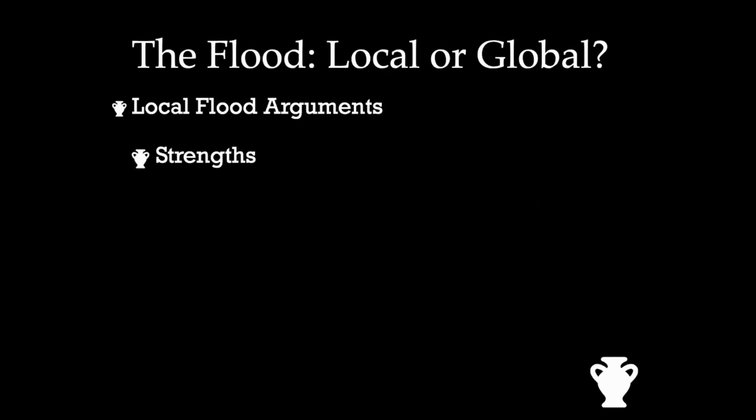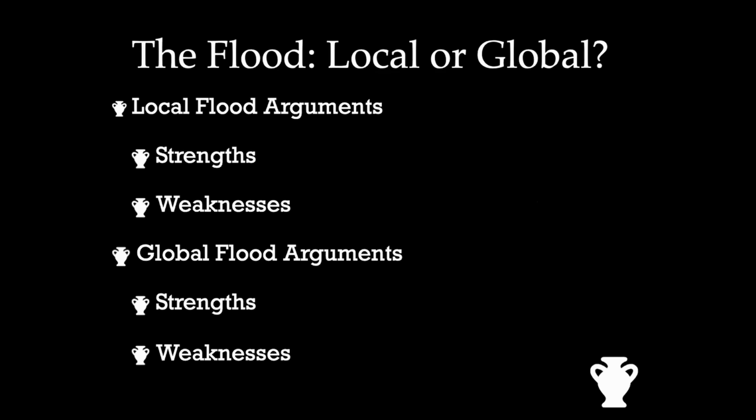So there are local flood arguments and there are global flood arguments. We don't have time to talk about all of them tonight, but both views, both local flood arguments as well as global flood arguments, have their problems. They have strengths and they have weaknesses. The weakness I would call an anomaly.